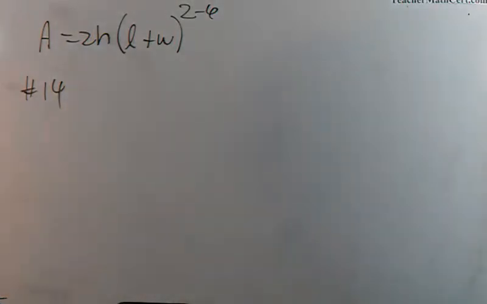Okay, number 14. It says find H if A equals 144 centimeters squared, L equals 7 centimeters, and W equals 5 centimeters.